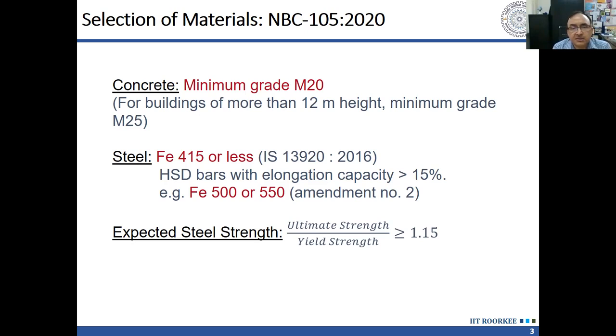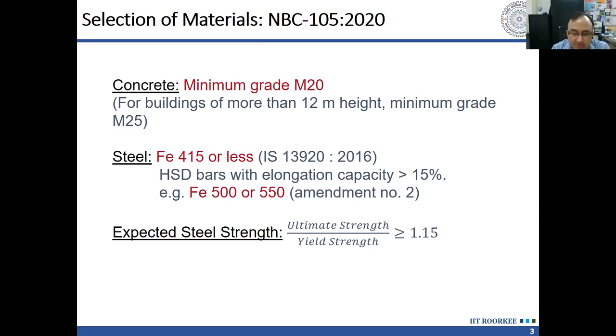The larger the overstrength ratio, the strain hardening ratio, the longer the length of steel involved in plastic hinging, in yielding. If a larger length of a steel bar is going to yield, then we will get larger rotational ductility. For the same level of strain, the curvature ductility we get is the same, but the rotational ductility depends on the curvature ductility and the length of the member which is yielding.